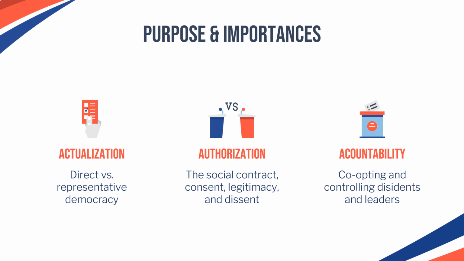Usually this involves collecting a number of signatures, although the rules vary from one place to the next. But in the majority of states, if you can get enough people to sign on to a petition saying that they would like a law that you have written to be passed, then you can send that to the appropriate government agencies. And those agencies will make sure that this proposed policy winds up in the form of a state question.